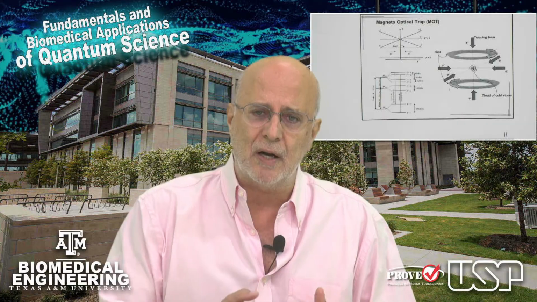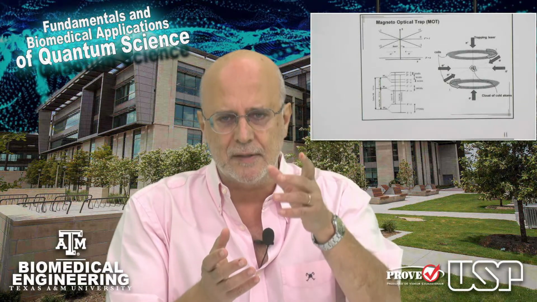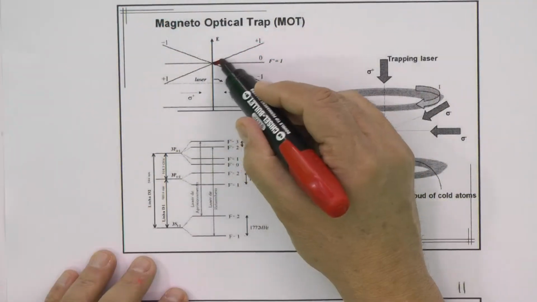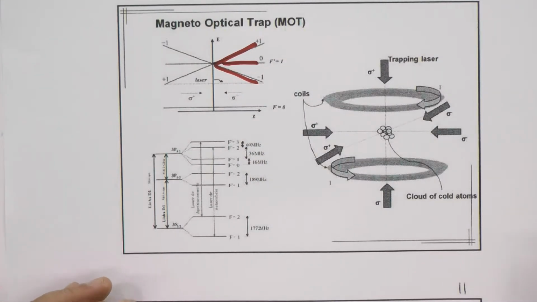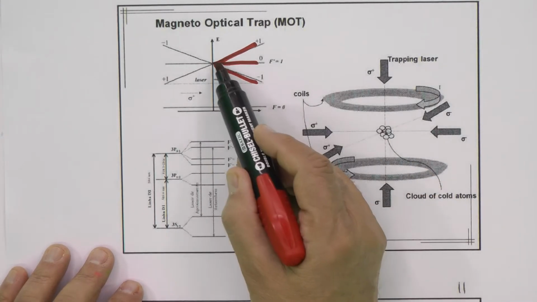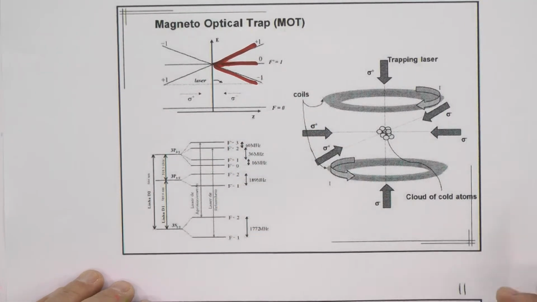Well, and then comes another very smart guy, David Pritchard, and said, well, let's now use the internal structure of the atoms. Remember, I told you the electron has a spin, and in the presence of a magnetic field, the spins can go up and down, or if there is zero spin, it does not modify. So David Pritchard imagined ways of putting light with different polarization because of the selection rules.